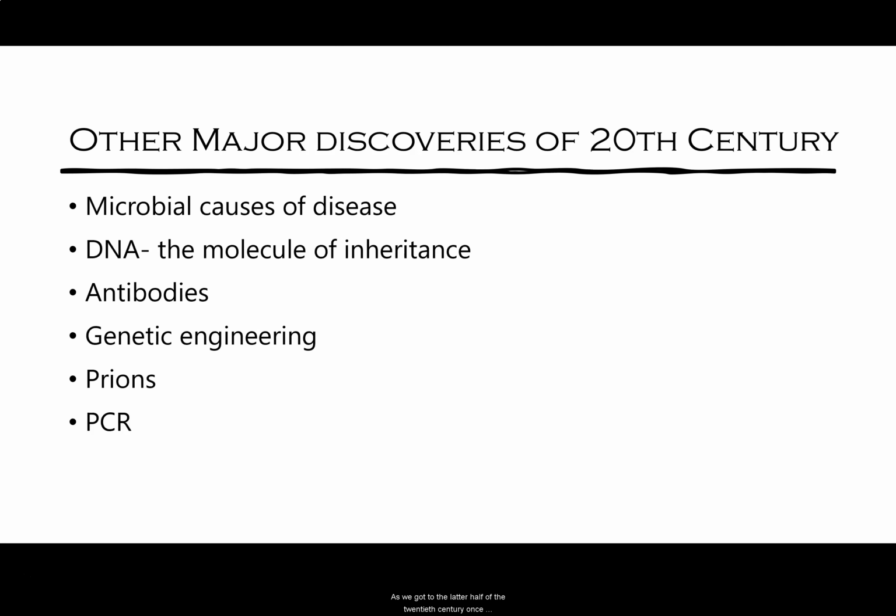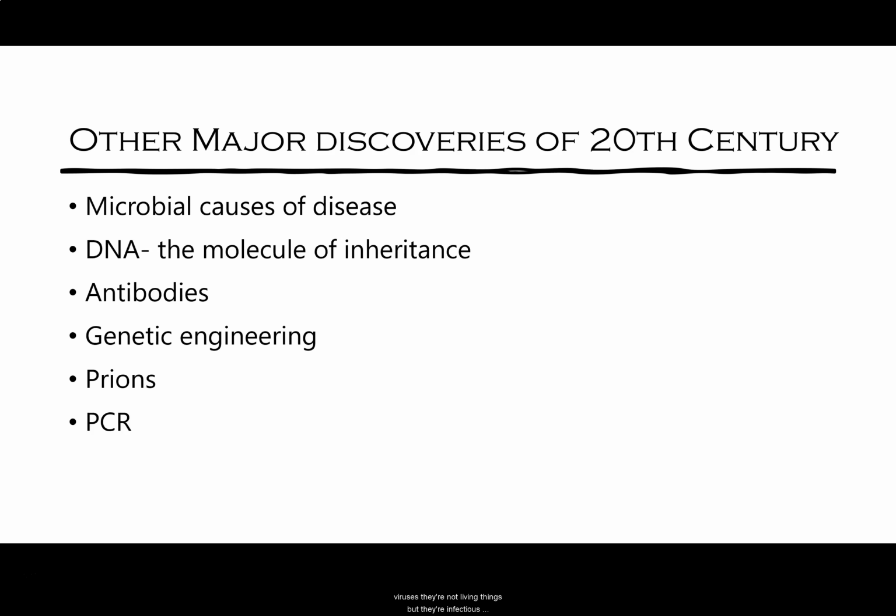As we got to the latter half of the 20th century, once we knew that DNA was the molecule of inheritance, we started manipulating the DNA and engineering the DNA. In the late 20th century, 1980s, 1990s, we discovered prions. Prions are a really unique type of pathogen. They are not viruses.